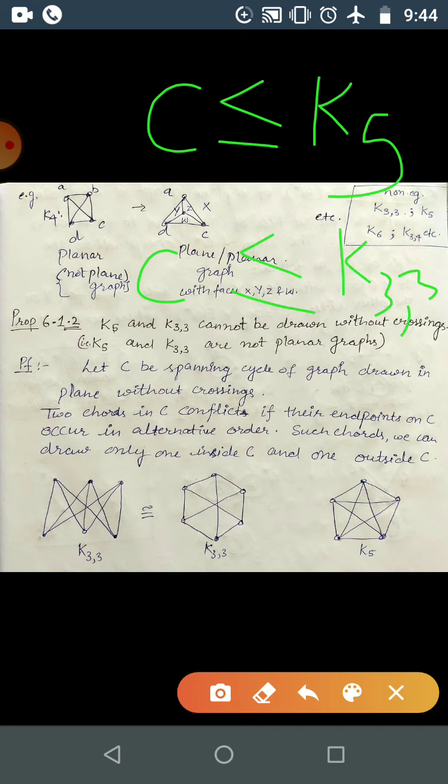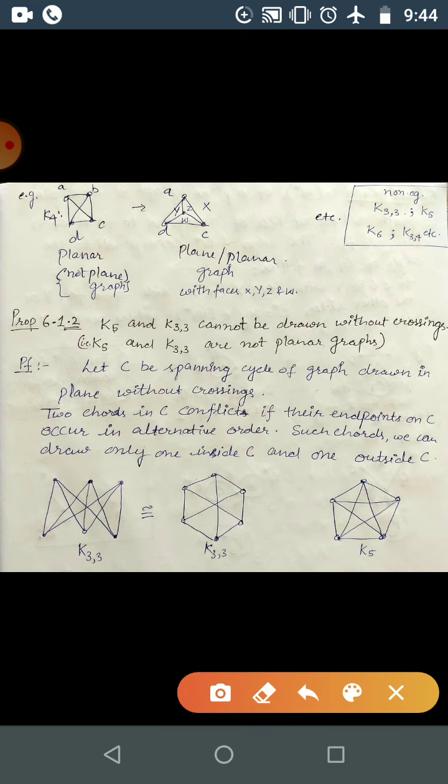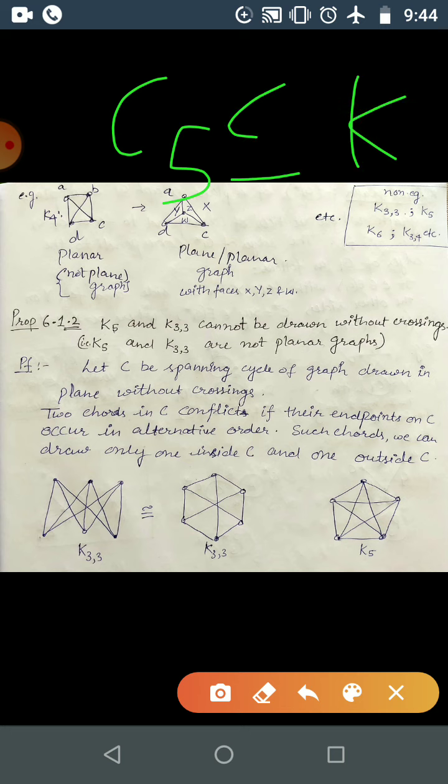Some cycle will be a subgraph of this one, some cycle will be a subgraph of this one. And now the point is, if the graphs are connected, obviously it will contain all the vertices. So C5 is a part of K5, or you can just say it is a subgraph of K5, and K33 has 6 vertices, so C6 is a part of K33, correct.